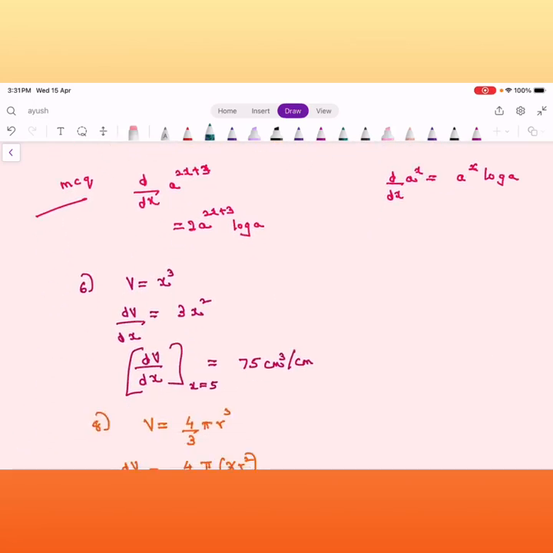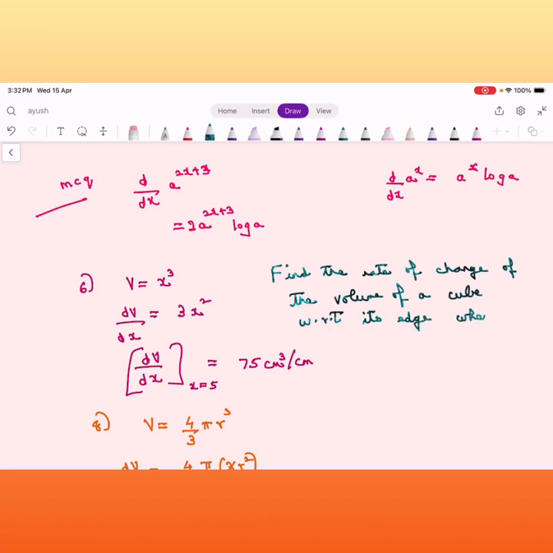Now coming to the next question, find the rate of change of the volume of a cube with respect to its edge when the edge is 5 centimeters.